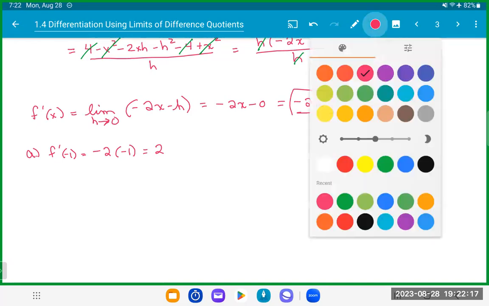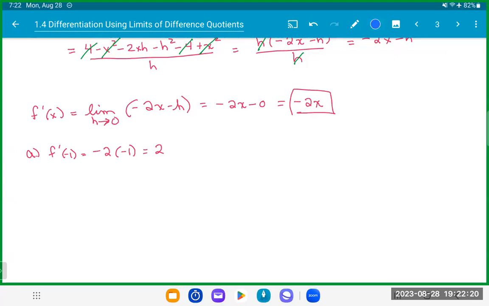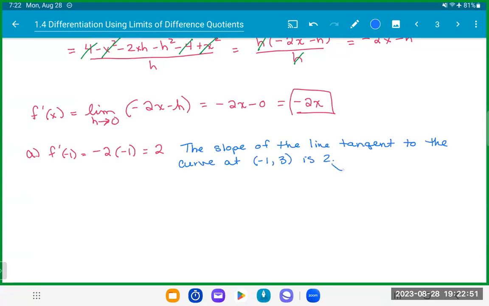Let me write that here just for you guys to process. So the slope of the line tangent to the curve at that point, -1, 3, is 2. So slope equals 2.